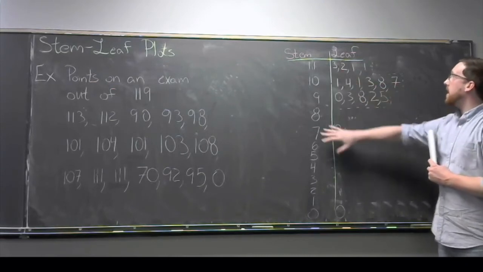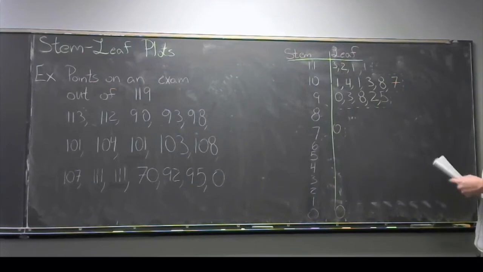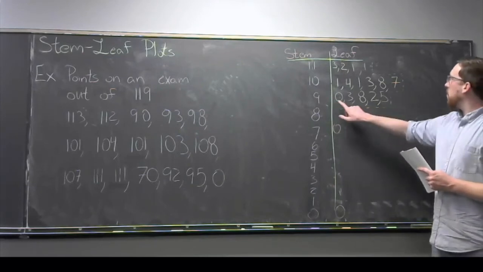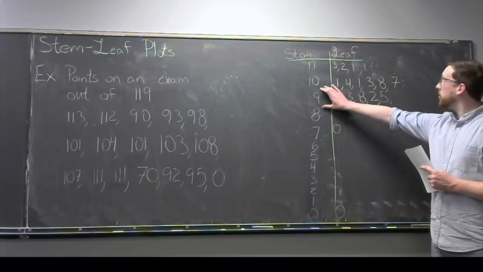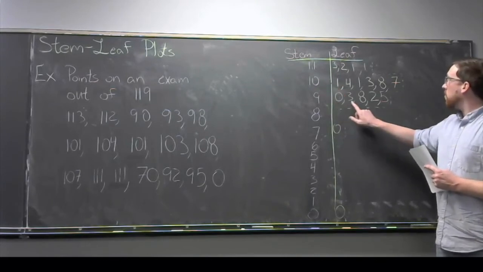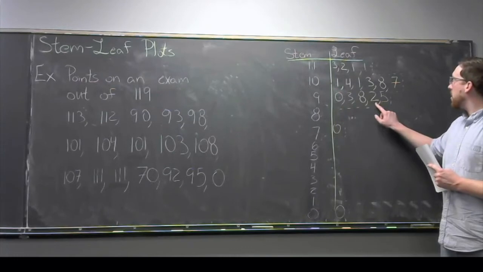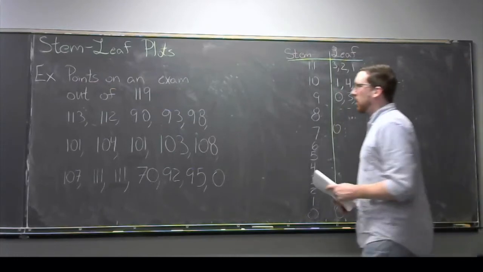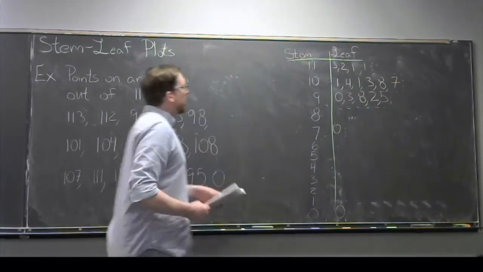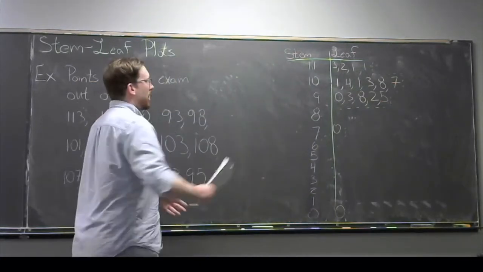I can look back at this stem and leaf plot and say, all right, I had 1, 2, 3, 4, 5 students make in the 90 range. One of them made a 90, one of them made a 93, a 98, a 92, and a 95. This is what I mean about it preserving data. So this is really what a stem and leaf plot is.